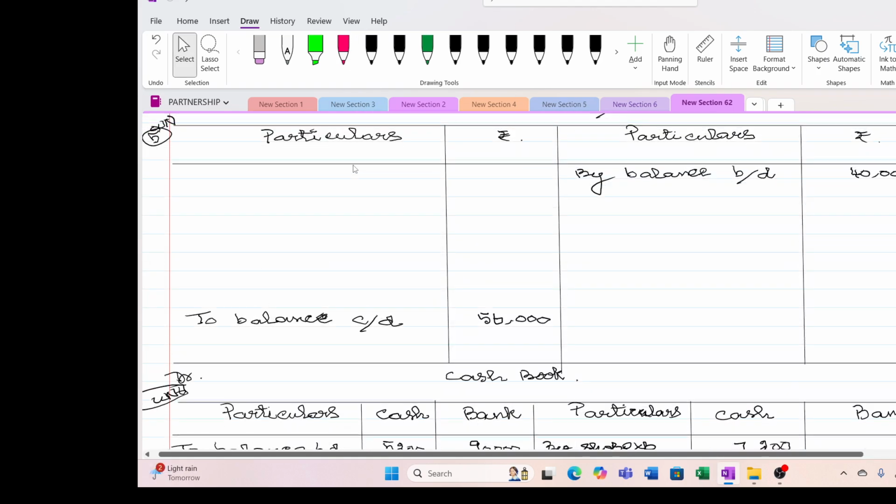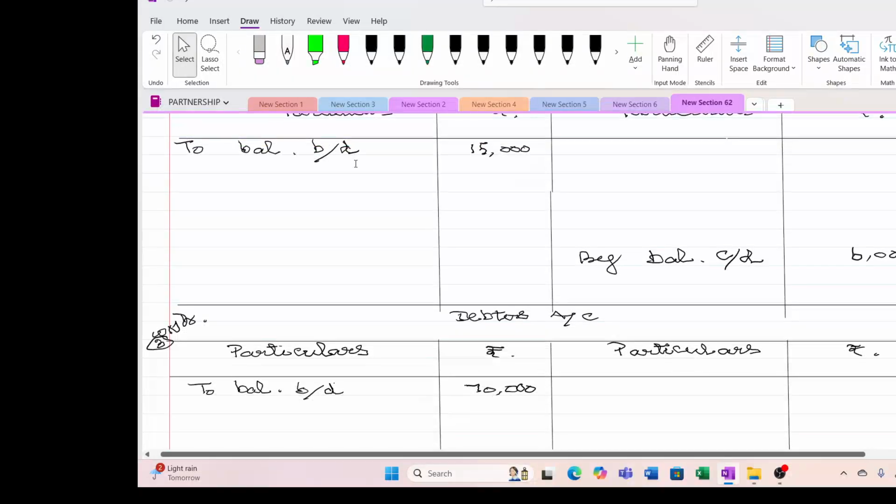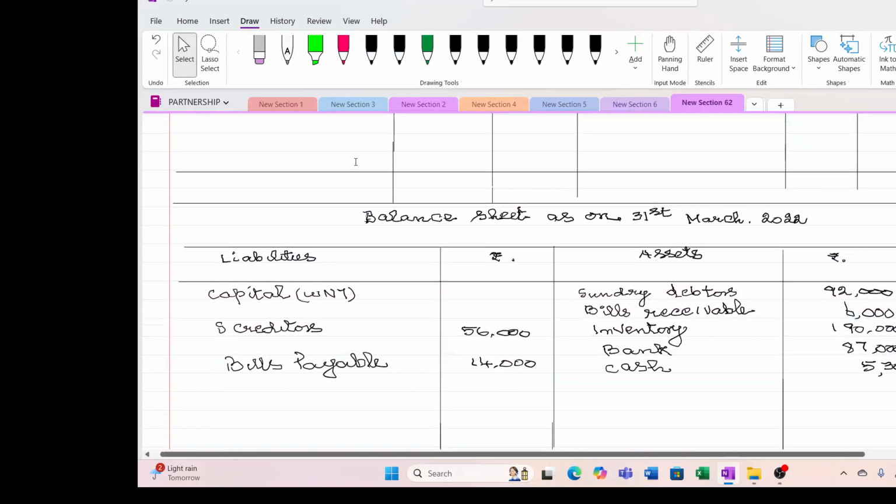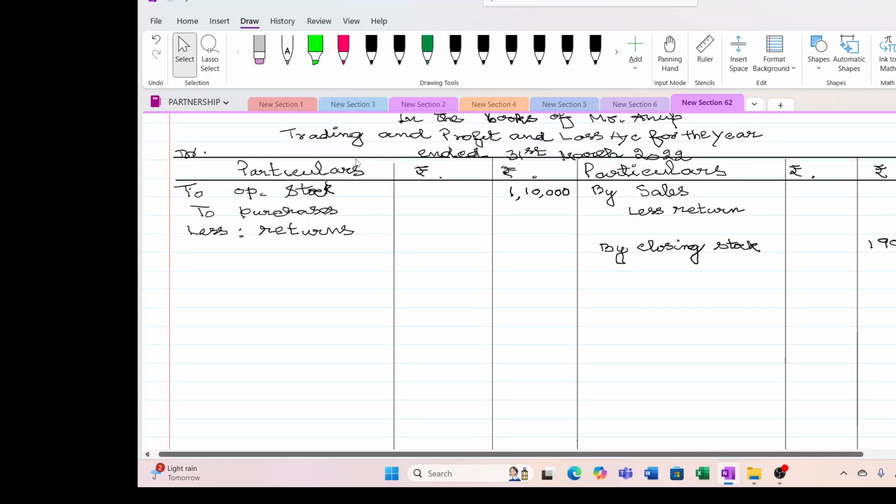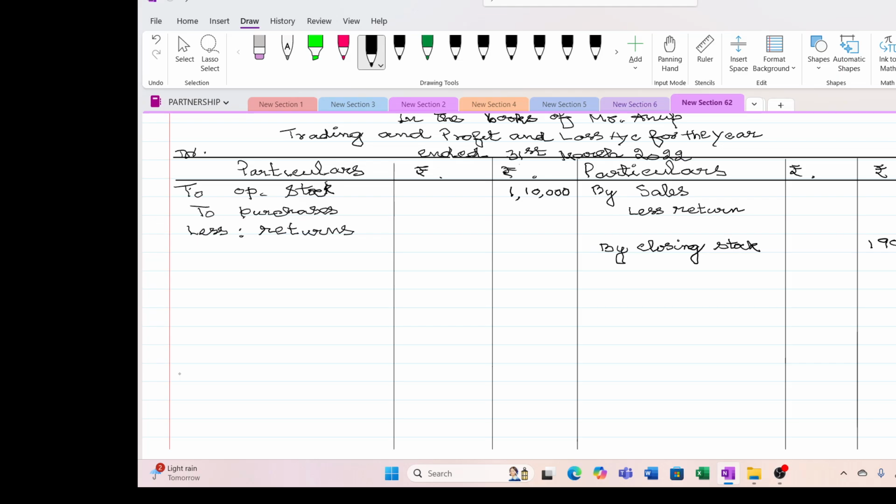By shop expenses, first thing is that this will go into your P&L account. Okay, so I'll open the P&L account here. To shop expenses, we will finish this P&L account also. I'll write here itself 7,200.